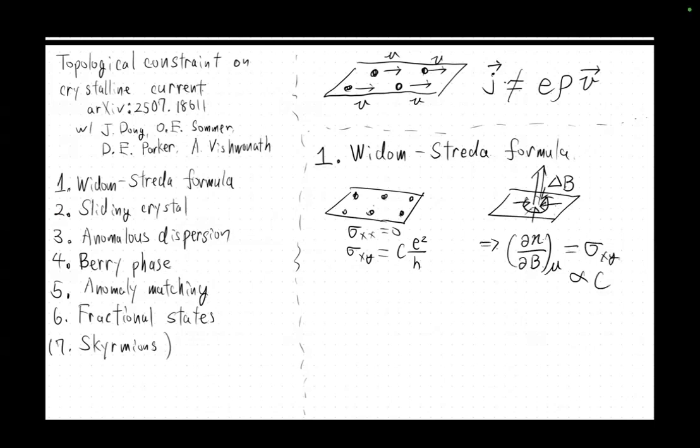And so from this, we can get rho is equal to C phi plus the leftover part, which is S over A_UC, where A_UC is the area of the unit cell of the crystal.